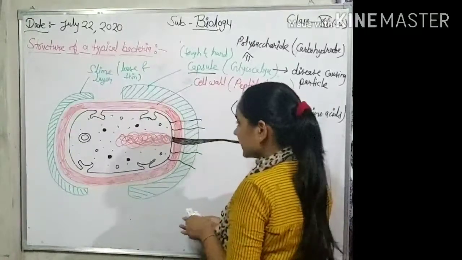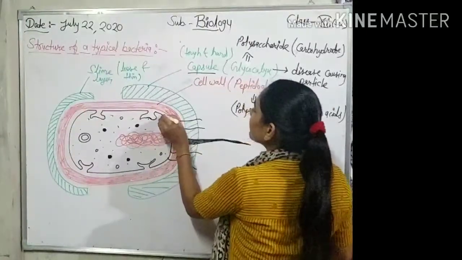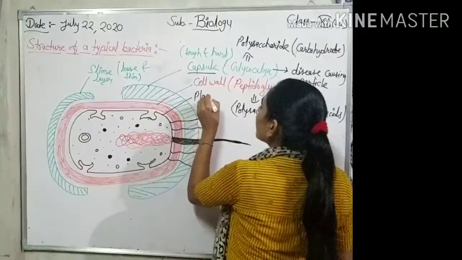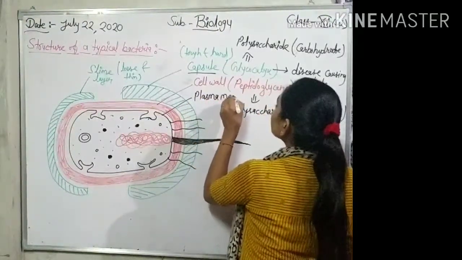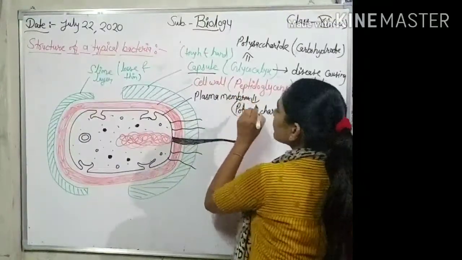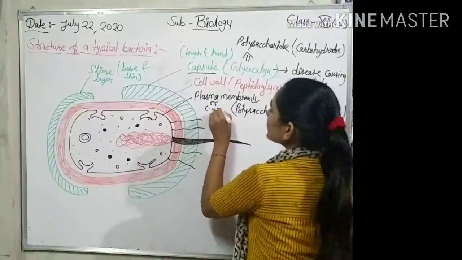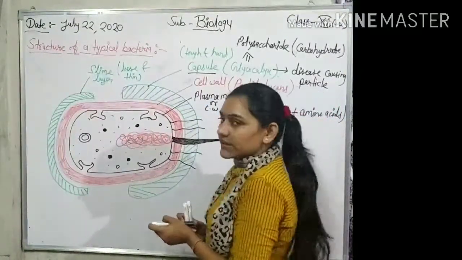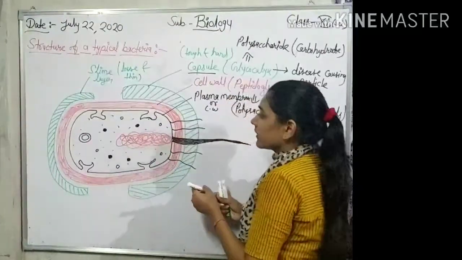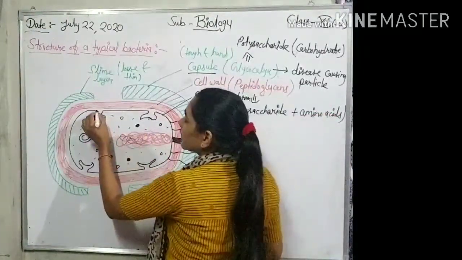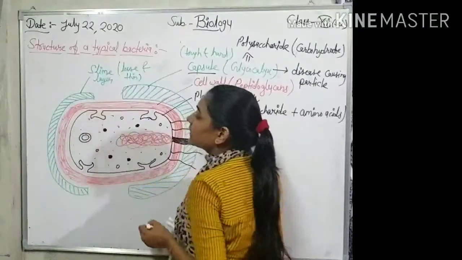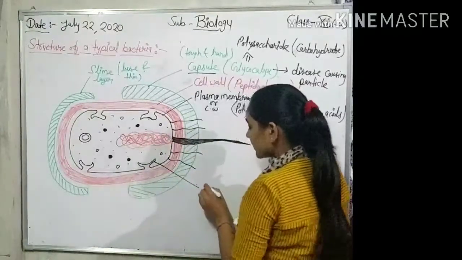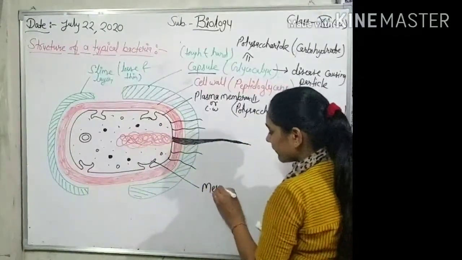Inside the cell wall, a thin layer is present which is known as plasma membrane or cell membrane. Plasma membrane is thin, living, and it folds inside towards the cytoplasm and forms a complex structure which is called mesosome.